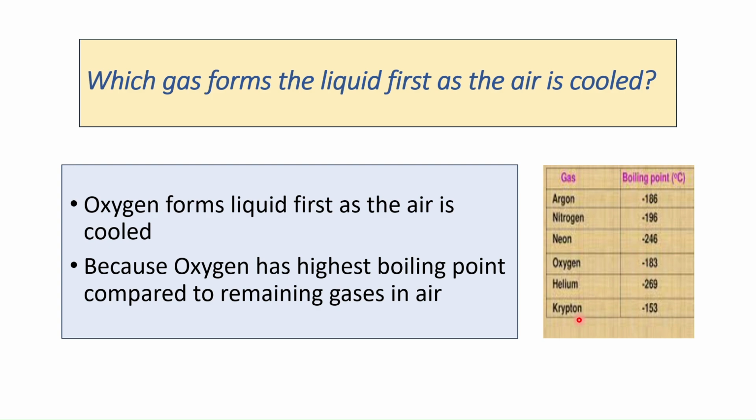I'm not mentioning krypton, as it is very less abundant. That's why oxygen forms liquid first as the air is cooled. So that's why the oxygen forms liquid first, then going to the next one, like that, because oxygen has the highest boiling point compared to the remaining gases in the air. Just what I explained here. Okay.